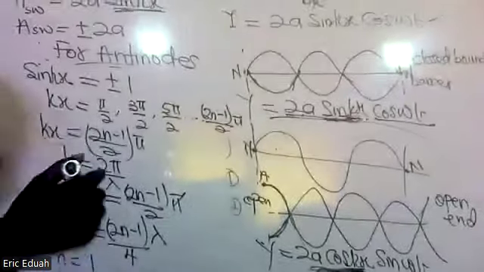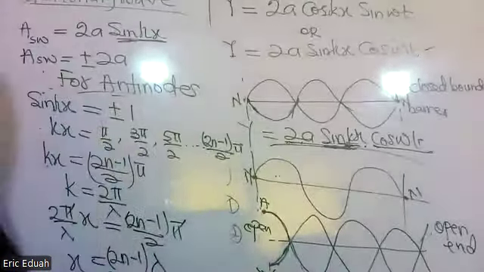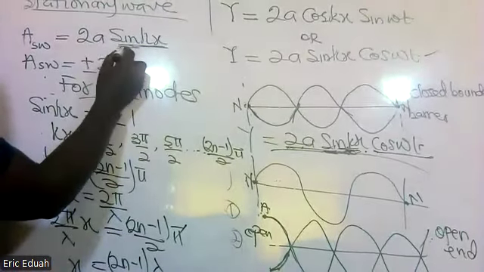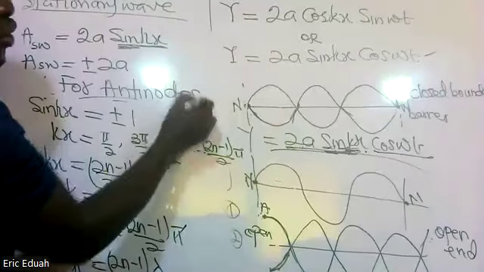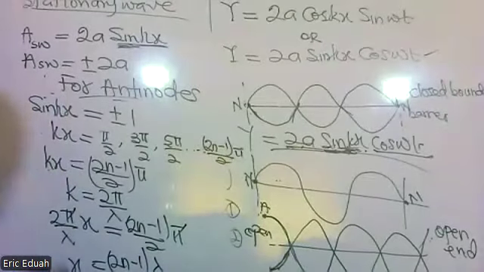Look at our wave. Once the reflection is a sine, this is when there is a closed boundary. Let's see points where antinodes will be formed.